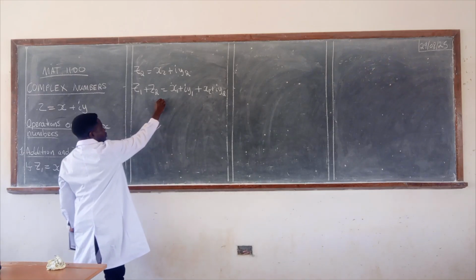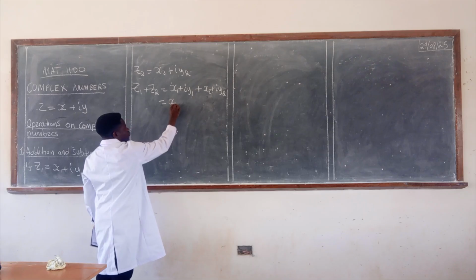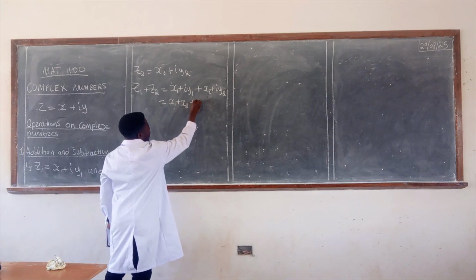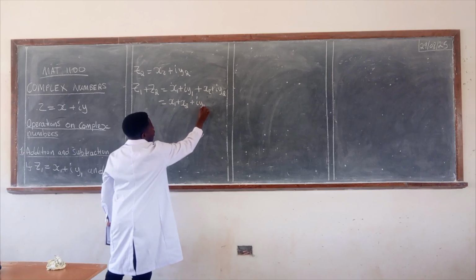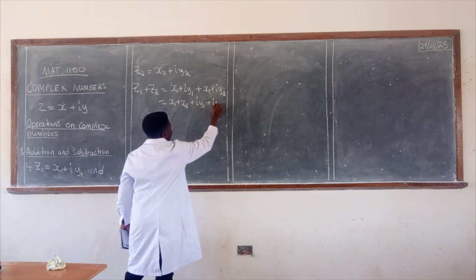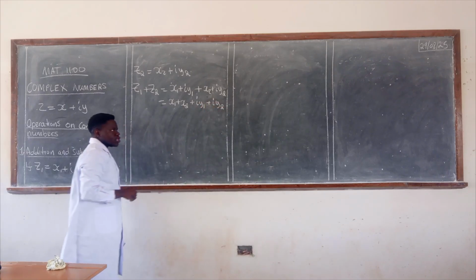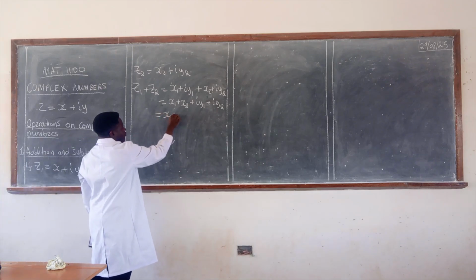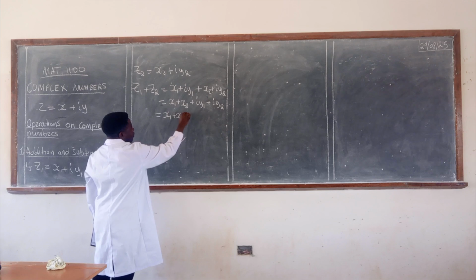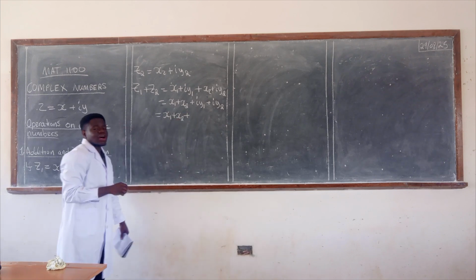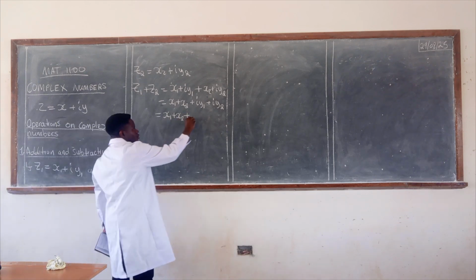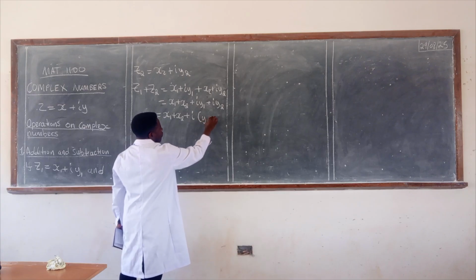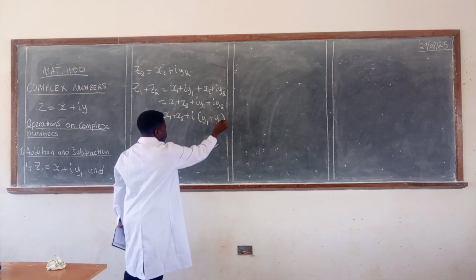This gives us x1 plus x2 plus iy1 plus iy2. We factor out the i, so it's x1 plus x2 plus i times y1 plus y2.